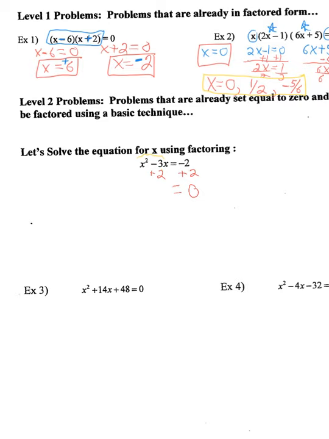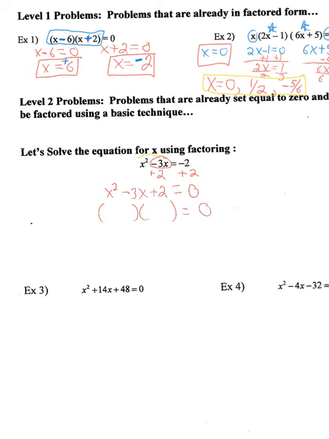So I'm going to put the x² term first, then the 3x term in the middle. And now that new constant 2 is in the back, so that I have it in the standard quadratic form of ax² plus bx plus c equals 0. So step 1, I set it equal to 0. Step 2, look at your expression on the left, factor it.